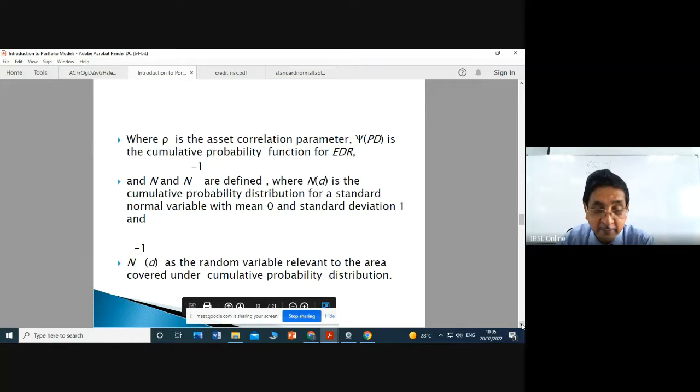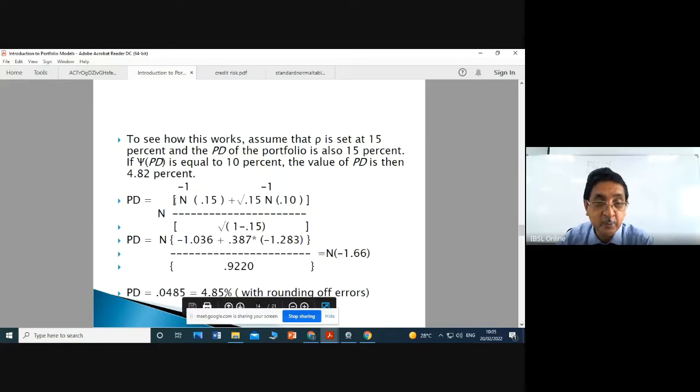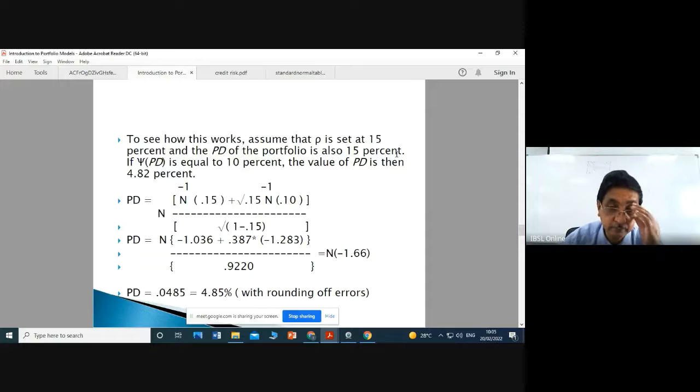Now we will go to the problem. To see how this works, assume that rho is set as 15% and the PD of the portfolio is also 15%, and psi PD is equal to 10%.